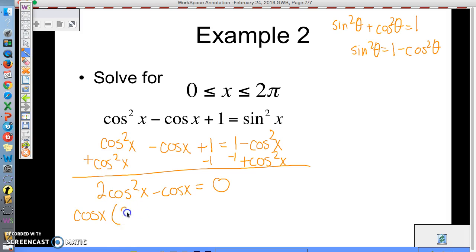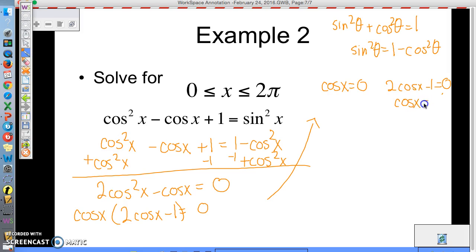So the cosine of x times 2 cosine of x minus 1 equals 0. So now we have either the cosine of x equals 0 or the 2 cosine of x minus 1 equals 0. And if we add 1 and divide by 2, we have these two statements.